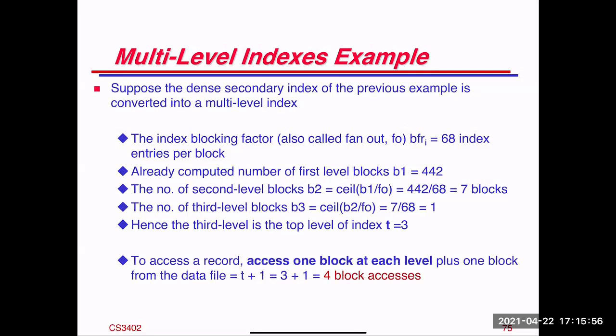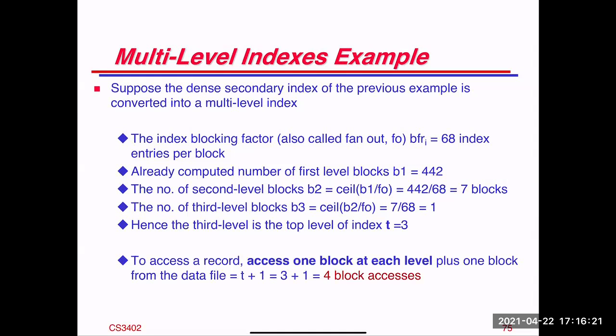Now, we also looked at multi-level indexes, right? So this was basically like thinking of your first level index as now like the data records in a similar way, and just building another index on top of that. That's one way to think of these multi-level indexes. And then you just repeat this procedure until you end up with an index that fits into a single block, right?